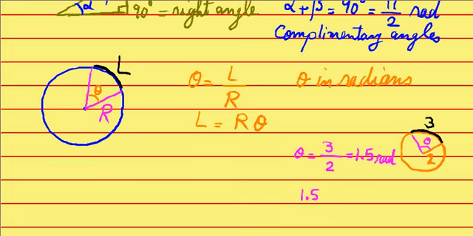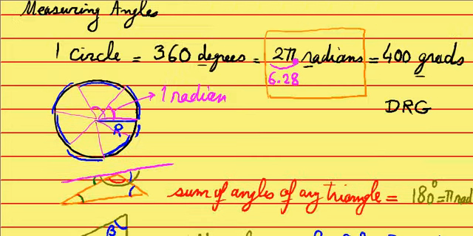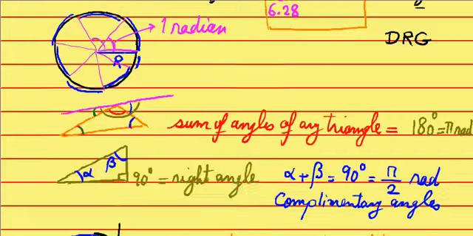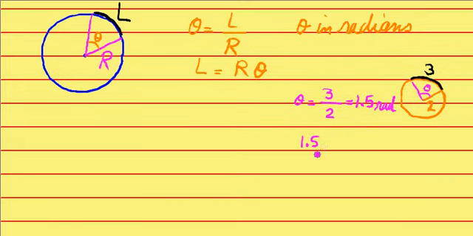Now if you want to know how big it is in terms of degrees, you have to use this formula that we talked about here. You want to convert from one to the other, you divide by this number and multiply by the other one. So that's a unit conversion. If you want to convert to degrees, you divide by the size of the circle in the same unit, multiply by the size of the circle in the other unit, say degrees, and out comes whatever this number is.